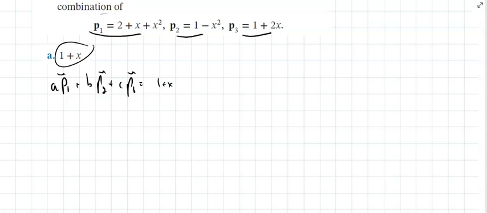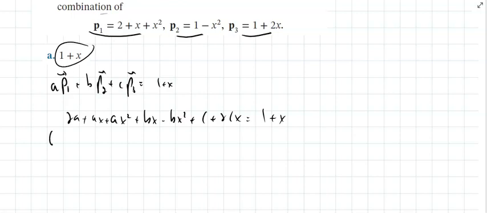So basically we're saying if I take 2a plus ax squared plus bx minus bx squared plus c plus 2cx, equaling 1 plus x.